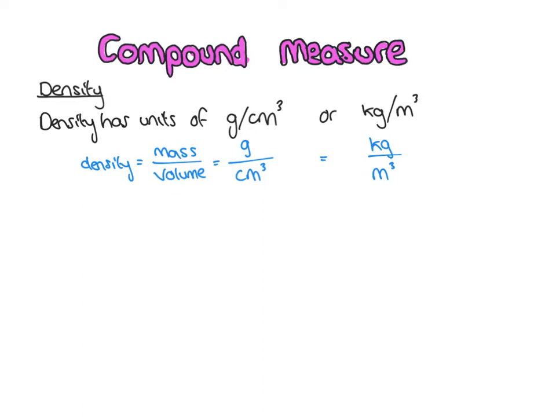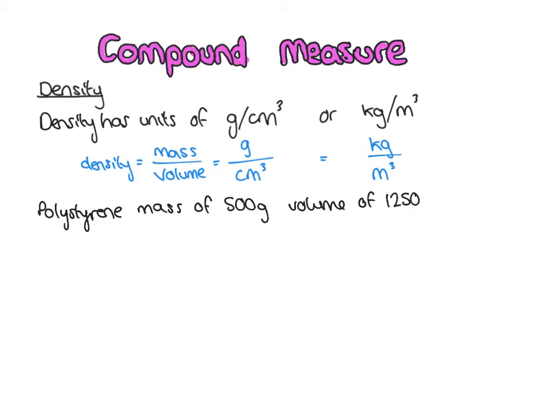So let's apply this to a question. We have a piece of polystyrene which has a mass of 500 grams and a volume of 1,250 centimetres cubed. Even if we hadn't written the formula mass over volume, we know the answer will be in grams per centimetre cubed.